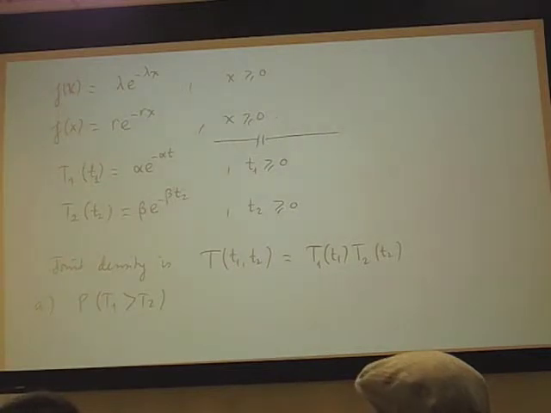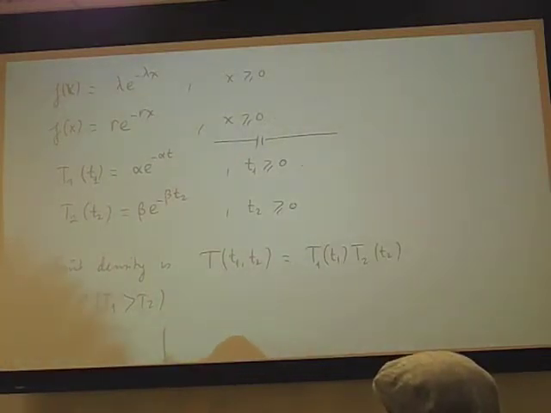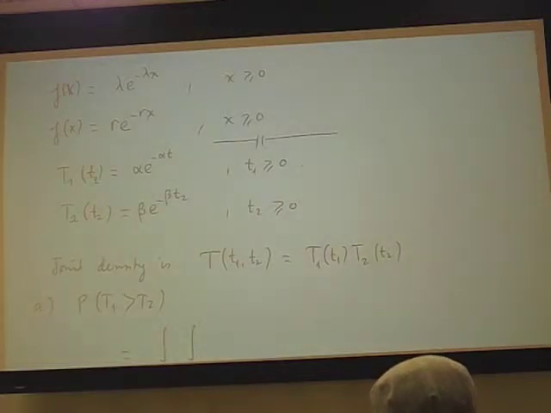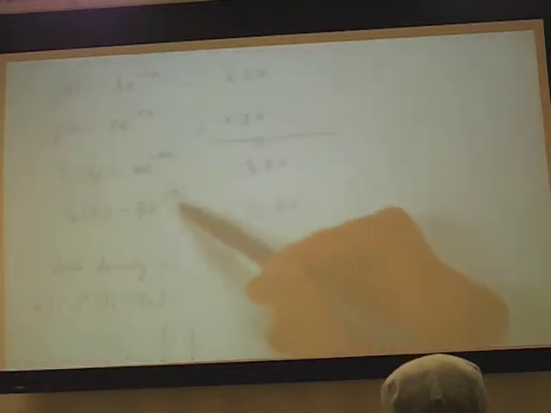You have to integrate the density function over the region where T1 is bigger than T2. So this is equal to the double integral, where we find the limits for the region in a minute. But all I have to do is integrate the density function. What is that density function? The product of those two.